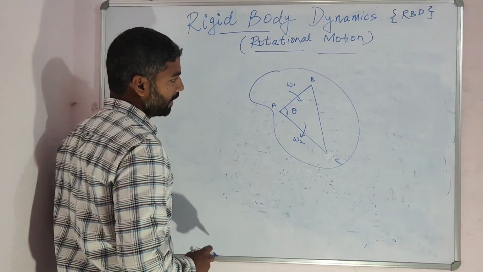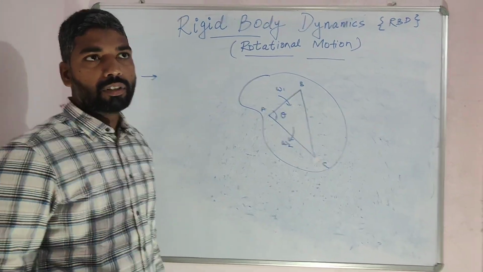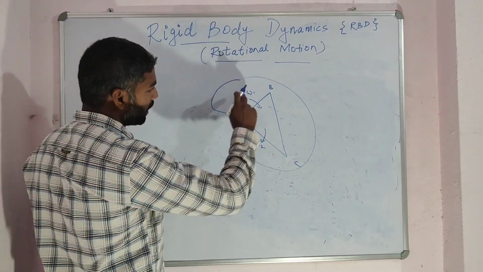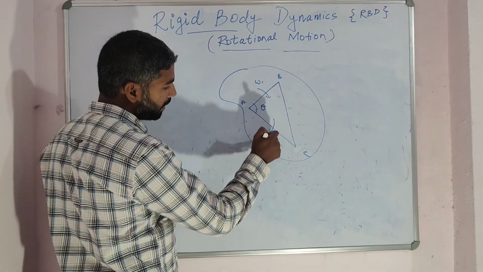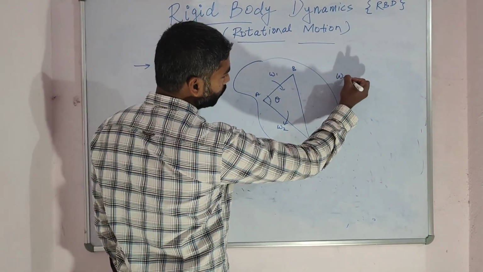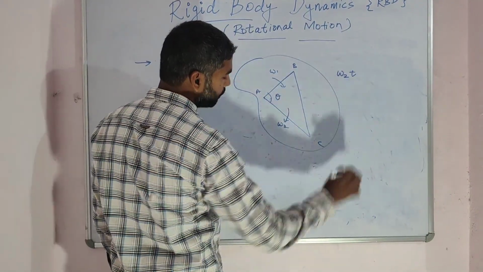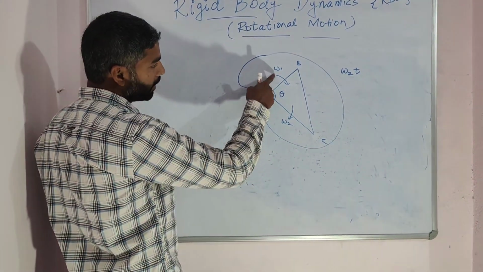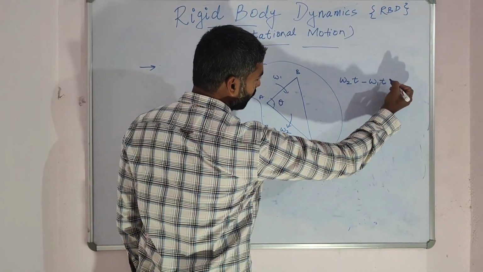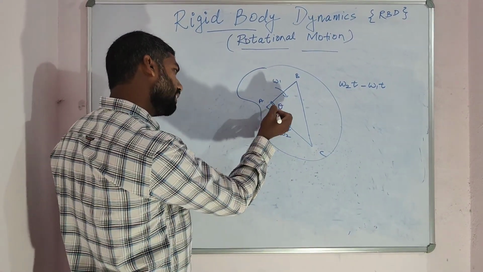So during the time interval t, this angle increases as omega 2 t, and this angle decreases as omega 1 t, and this will be the net angle theta.